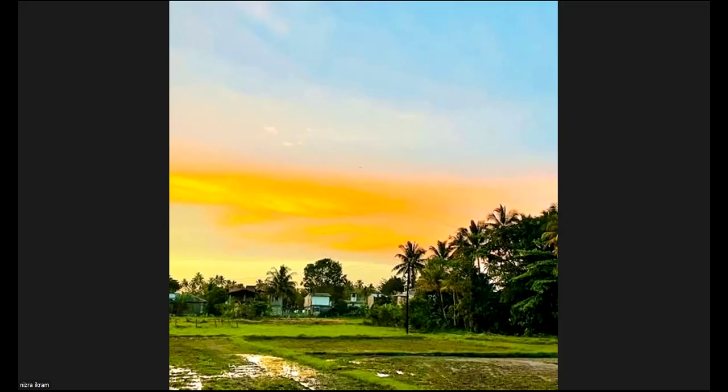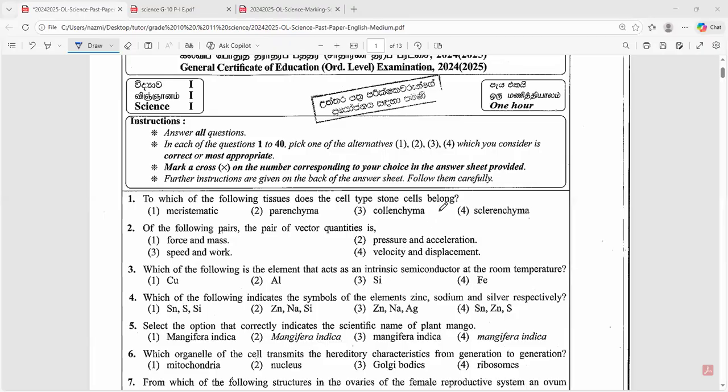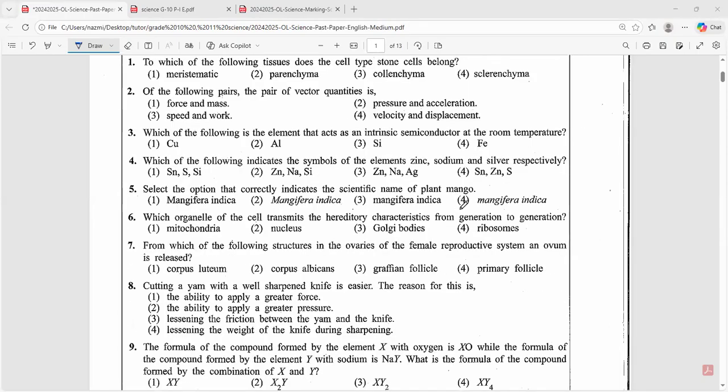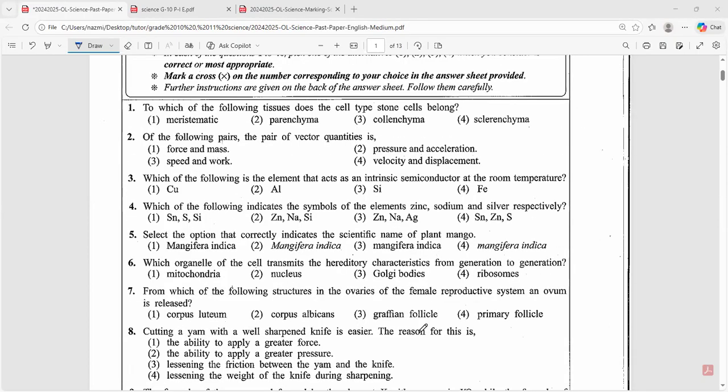I gave time to do the 2024 O-level science paper. Now I'm starting its discussion. First one: to which of the following tissues? Wait.